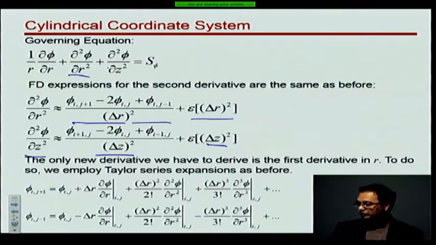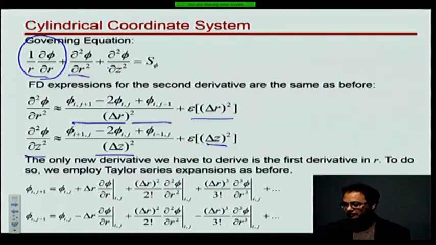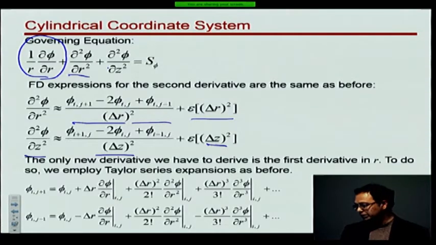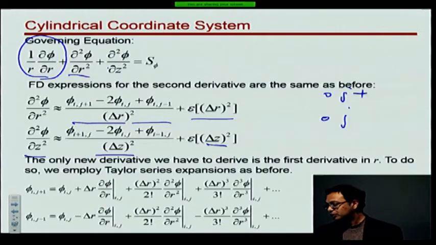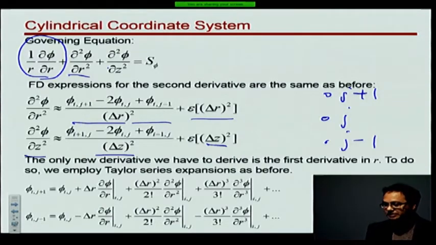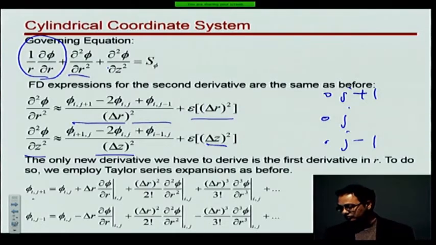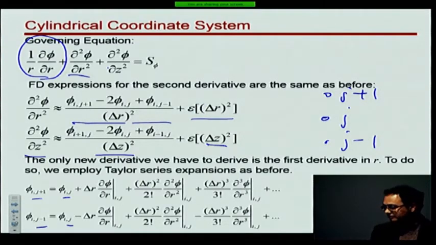So what do we do? Again, 2 Taylor series expansions. We are looking at j plus 1 and j minus 1. One is j plus 1 about j and the other is j minus 1 about j. Again, the same central difference idea, but now our objective is not to derive the second derivative.